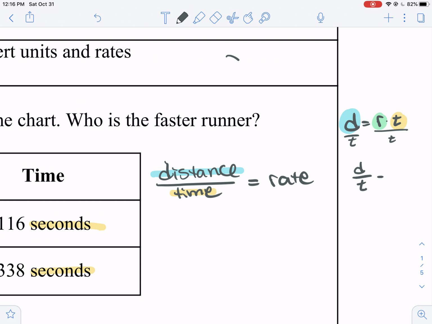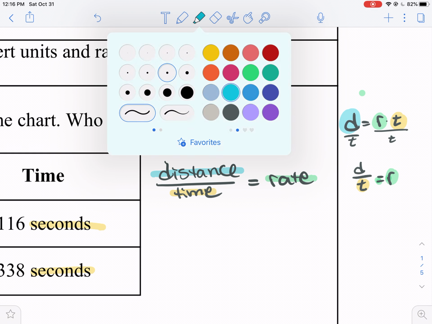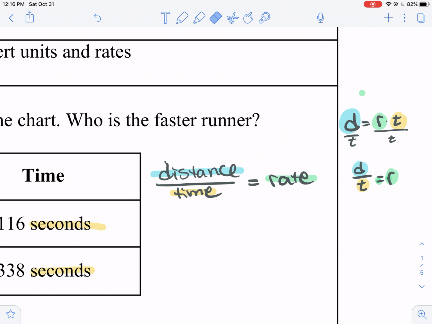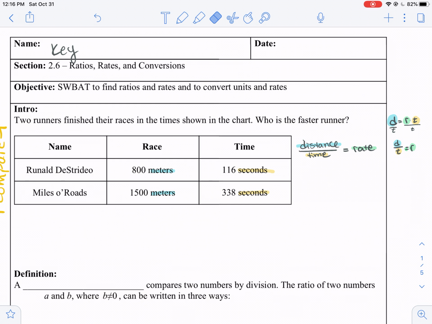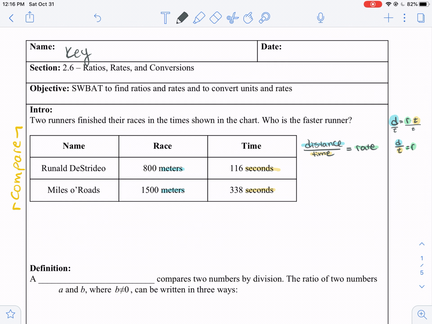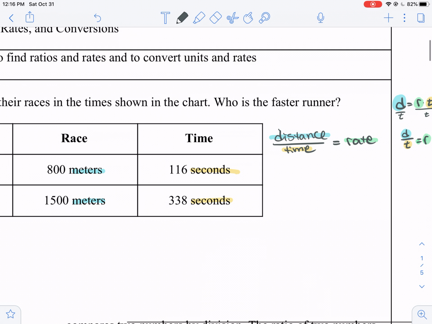I don't know what happened to my pencil, but here it is. So we're going to use this same equation. Rate equals distance over time. So let's plug each of their times in. For Ronald Distradio, his distance was 800 meters. So that's 800 meters.